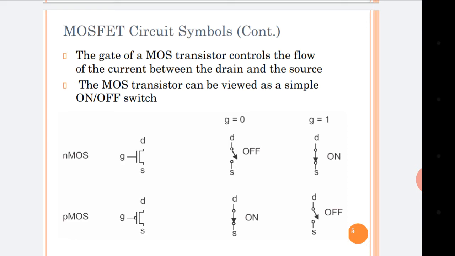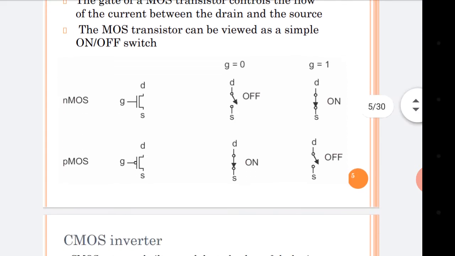If G is equal to 1, then the MOSFET is acting as an on switch. In digital circuits we talk in terms of zeros and ones, but basically these are voltage levels. In PMOS, if G is equal to 0, PMOS will be acting as an on switch, and if G is equal to 1, PMOS will be acting as an off switch. So remember that, because we will be using this afterwards.